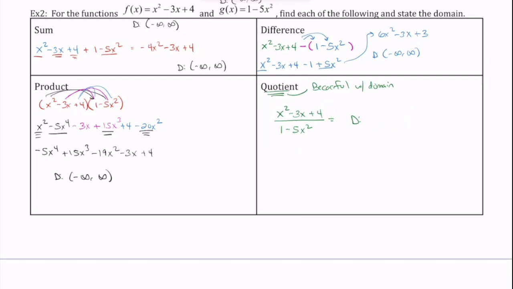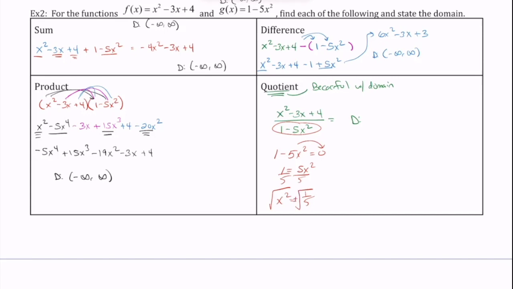So the question becomes, when does my denominator, 1 minus 5x squared, equal 0? All right, so I'm going to do a little math here. 1 equals, I'll bring over this 5x squared, divided by 5 divided by 5, and I got x squared equals 1 over 5. And then I'm taking the square root, so plus or minus.